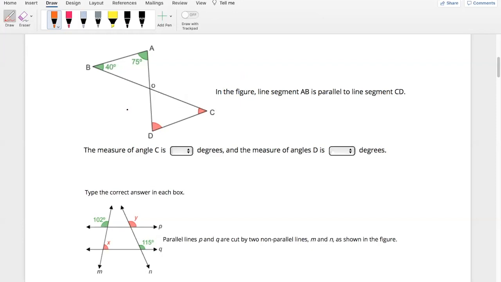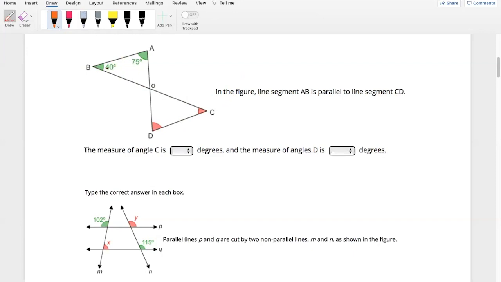All right, let's try the second one here. In the figure, we have line segment AB, and that is parallel to CD. So we know these are parallel. This could be a line that is cutting through. And 40 is angle B. I need to find angle C. So those are what we call alternate interior angles.